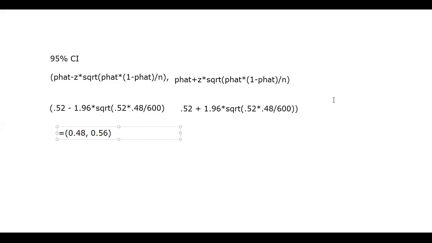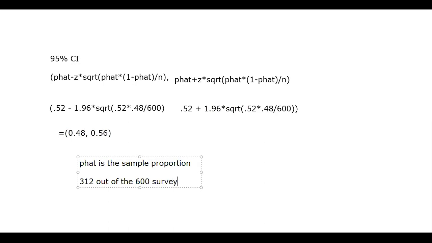I saw a couple of questions pop up. How do you get the p hat value? So this is the sample proportion. p hat is the sample proportion. So in that study that they did, that poll, they got a p hat value of 52%. So that means 312 out of the 600 surveyed said they would vote for Biden.